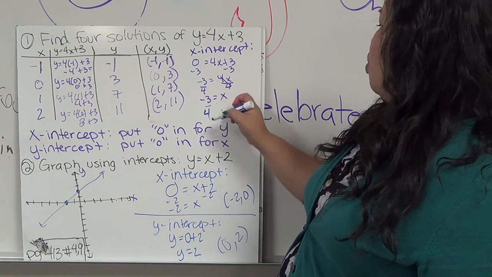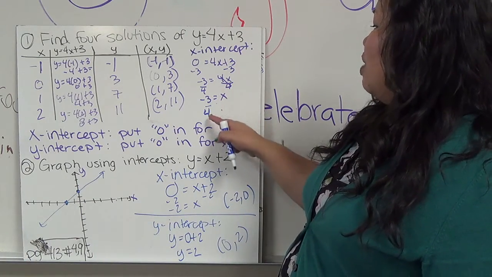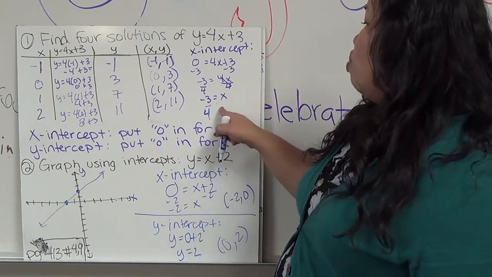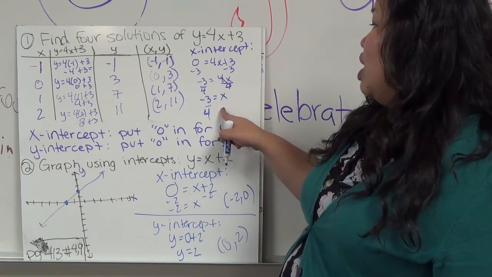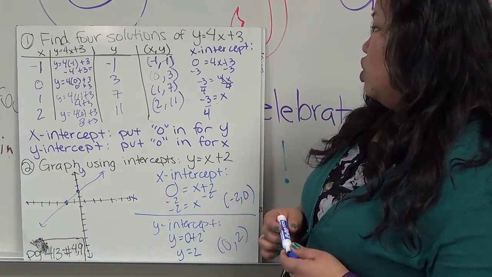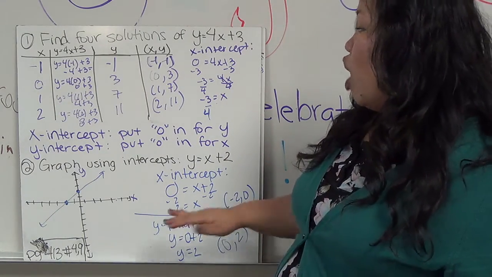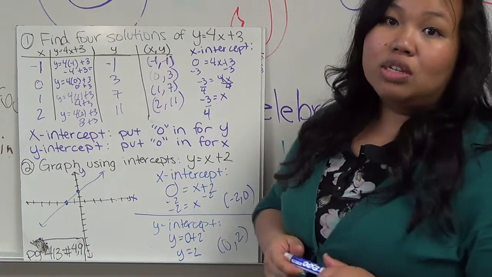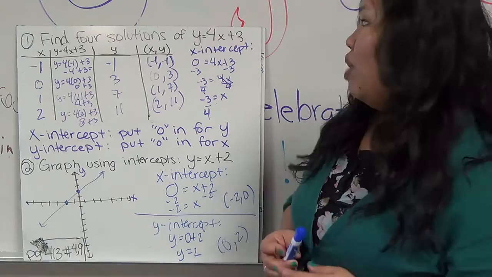X equals negative 3/4 because these don't cancel out. So you see how this would be really hard to graph. So x-intercepts don't always work. If I were to graph this x-intercept, it would be more difficult than, let's say, this x-intercept, which is just a whole number, negative 2. So it's not like you can use intercepts for all of them, but for the majority of them you can. You can't even actually graph in fractions if you want to set it up that way.